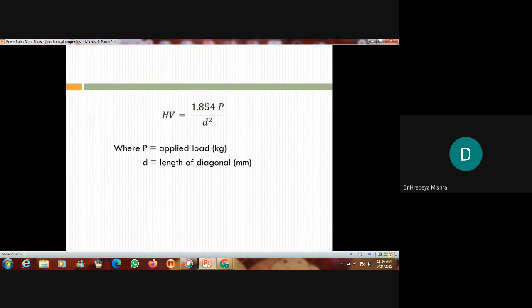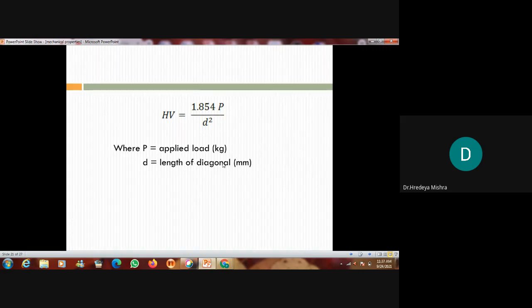This is the formula for the Vickers hardness test. HV, Vickers hardness, equals 1.854 P, where P is the applied force, divided by D square. What is D?